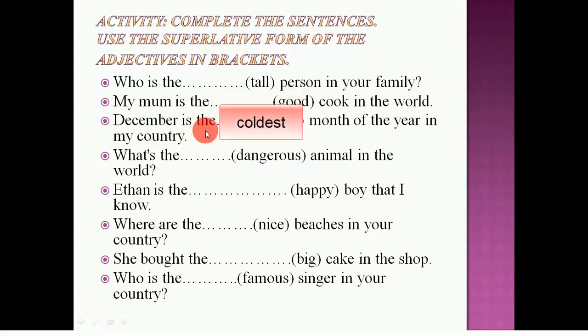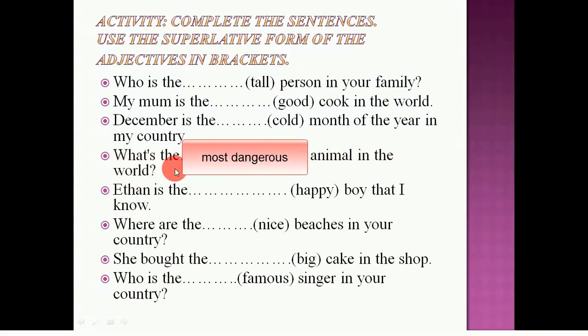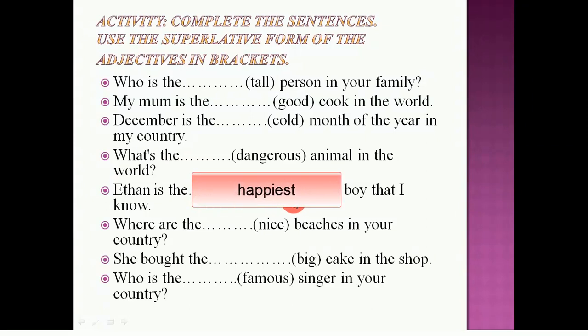December is the coldest month of the year in my country. What's the most dangerous animal in the world? Ethan is the happiest boy that I know.